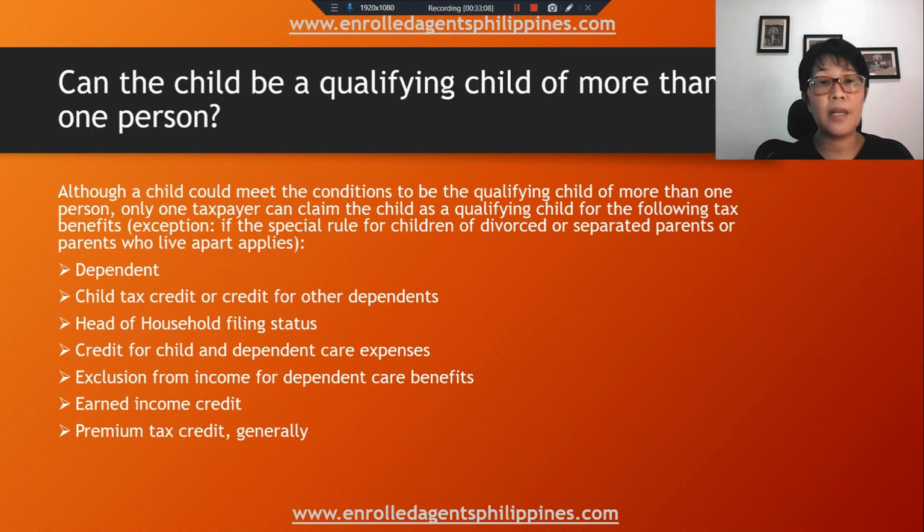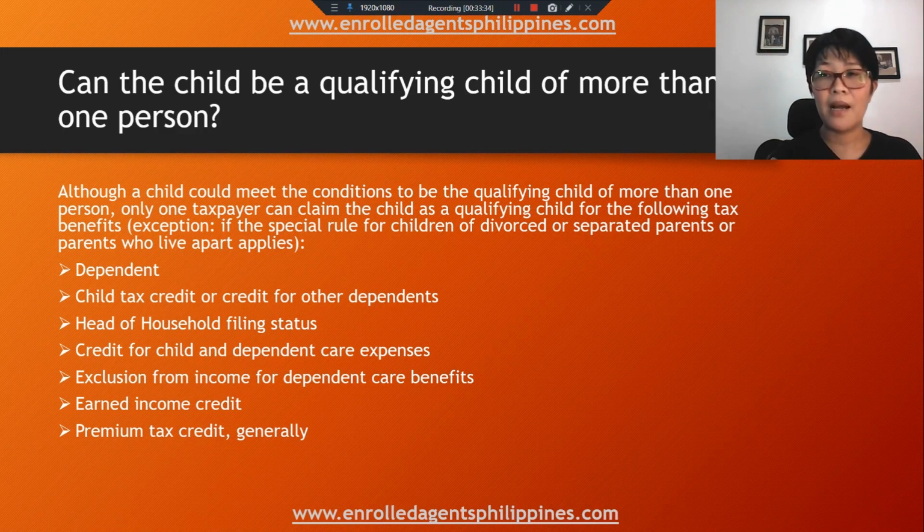So, for the following: dependent, child tax credit or credit for other dependents, head of household filing status, credit for child and dependent care expenses, exclusion from income for dependent care benefits, earned income credit, premium tax credit, generally speaking. So guys, may separate video tayo dito sa lahat ng mga credits, para mas maintindihan nyo kung ano-ano yung mga credits na yan.